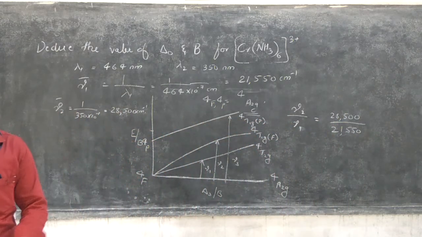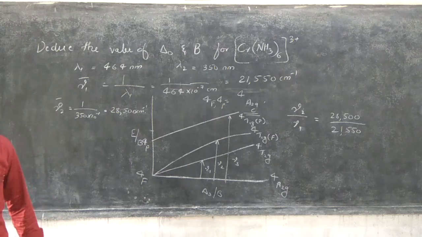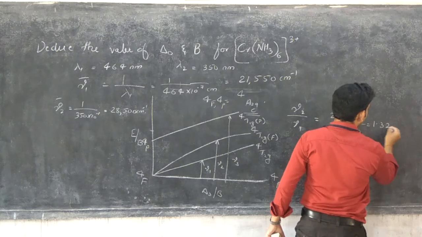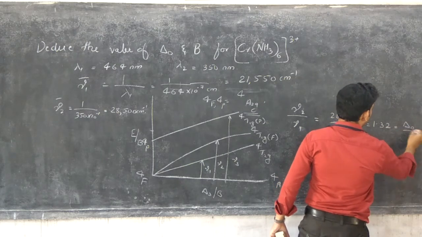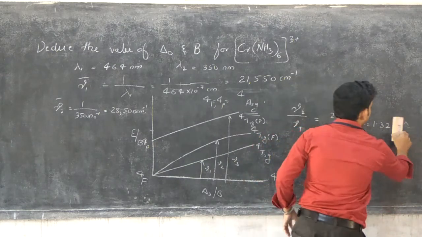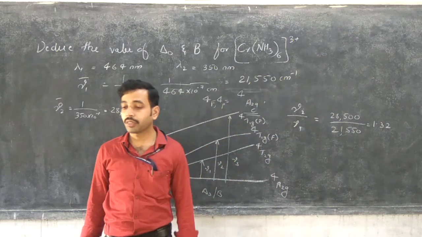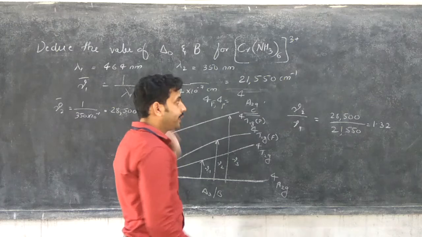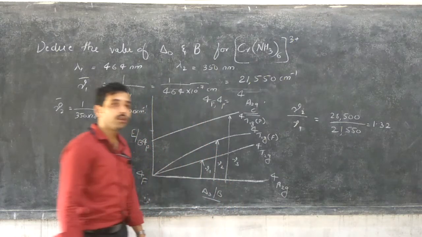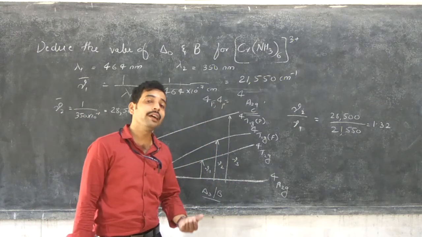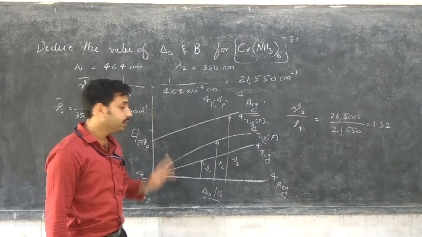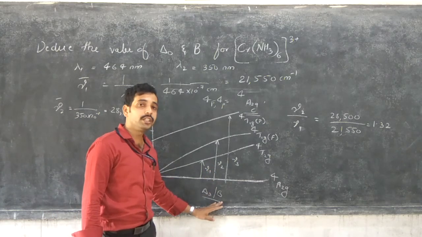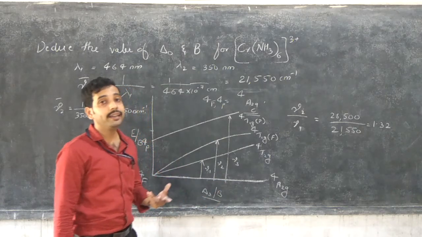Its value is 1.32, which is related to delta naught by B. Here either they give the delta naught by B value, which is the ratio of the crystal field splitting energy and the Racah parameter, or they give two parameters: one is the energy as well as its ratio. Otherwise it is difficult to calculate the delta naught value.